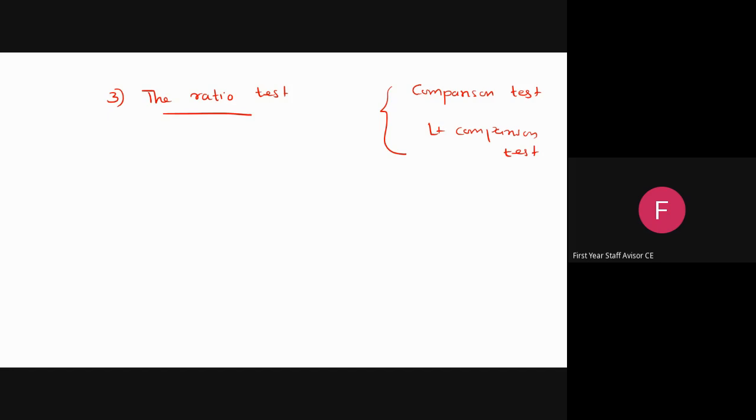That's the limit comparison test. First you find the limit of an by bn. You choose bk as 1 by k raised to p type, or bn as 1 by n raised to p type.